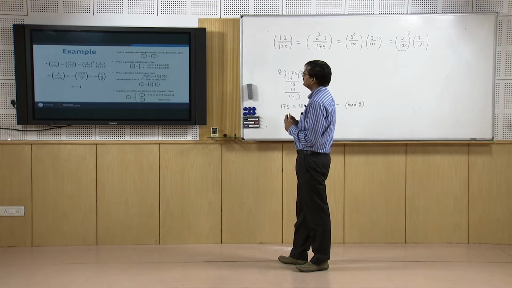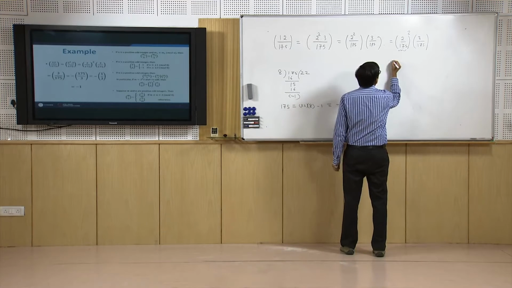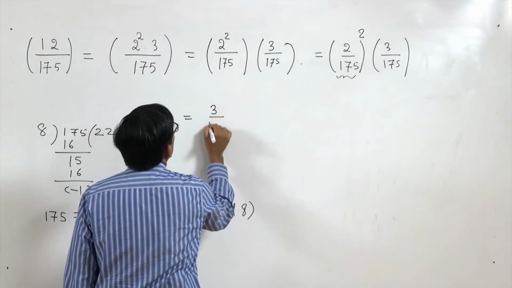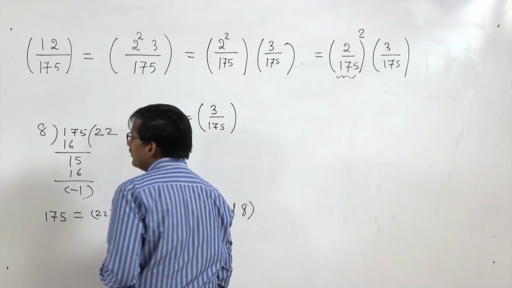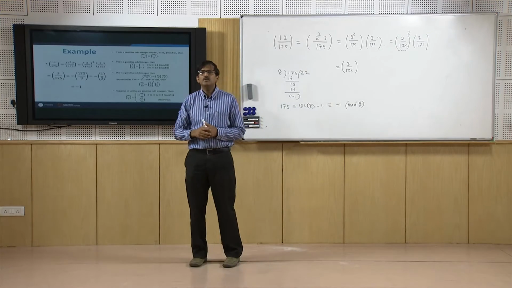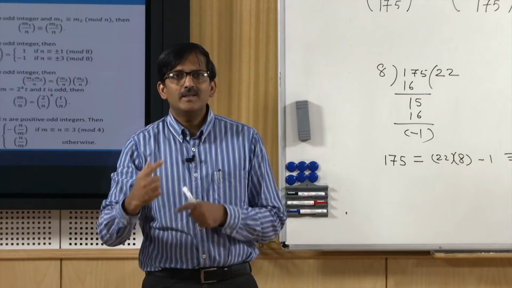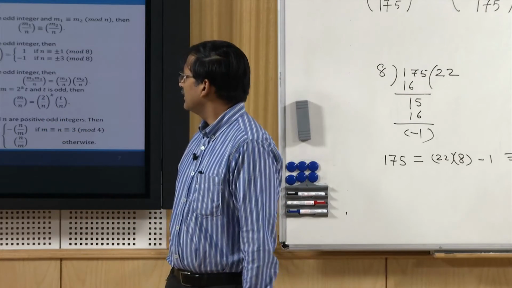Now, so it is 1, and now I come to the Jacobi symbol (3/175), and here I will be using the reciprocity law that is given at the end.